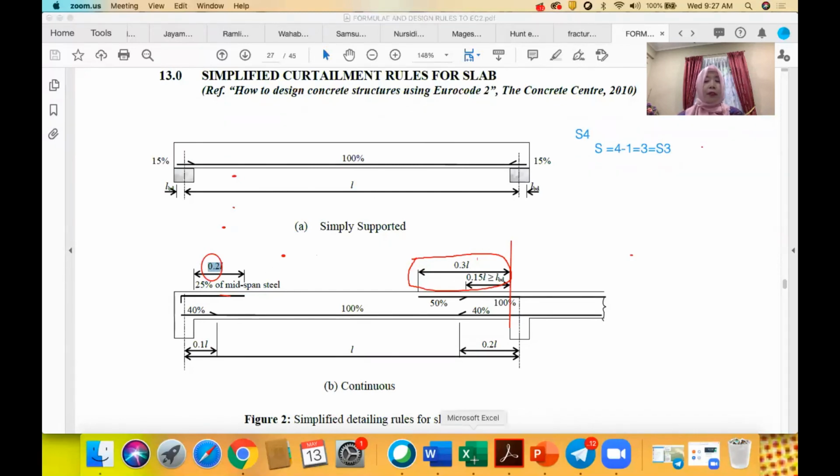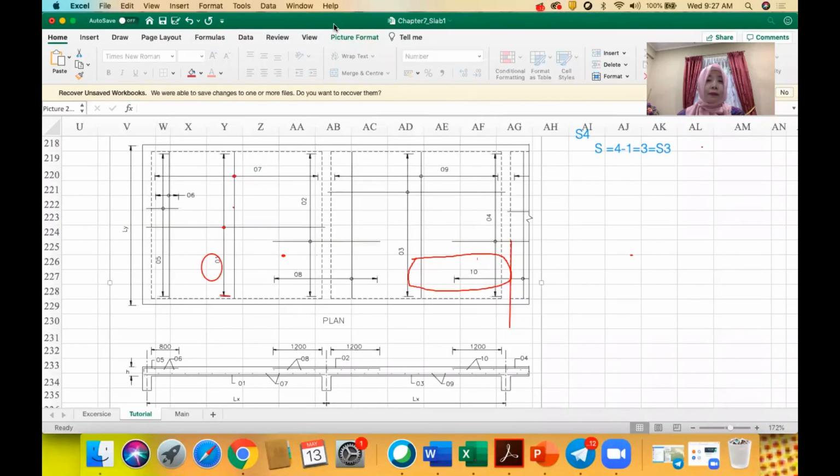Okay, back to our design. So here you can see here 800. Here is 0.2 L. While here is 0.3 L. Okay.